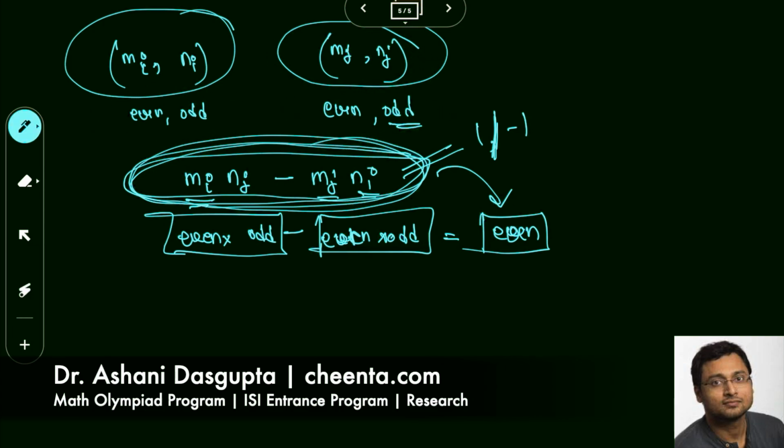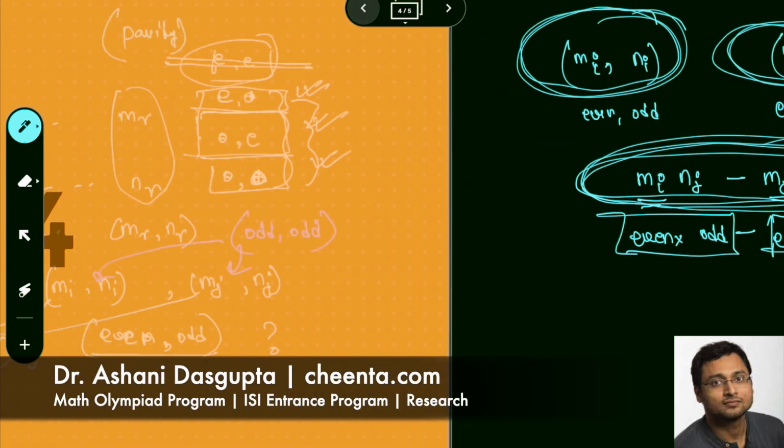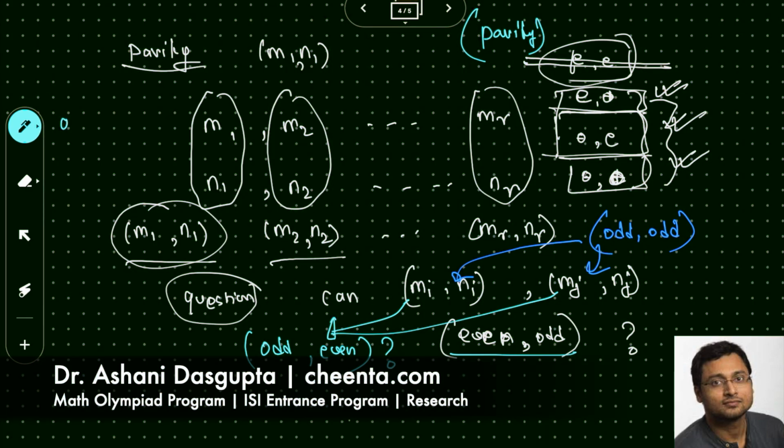In fact, the same logic would hold for odd, even, and the same logic would hold for odd, odd. In each of those cases, if both of these pairs have the same parity, then the difference would be even, which will be contradictory because we know the difference is 1 or minus 1. Which basically tells us that there could be at most 3 such pairs.